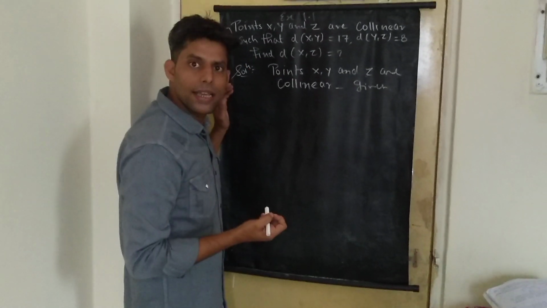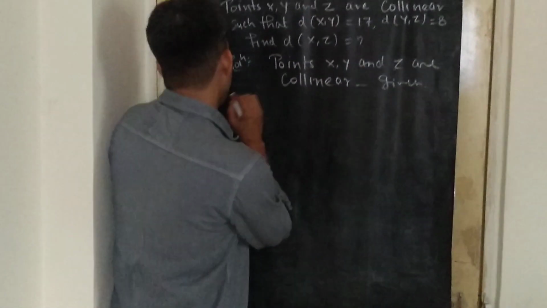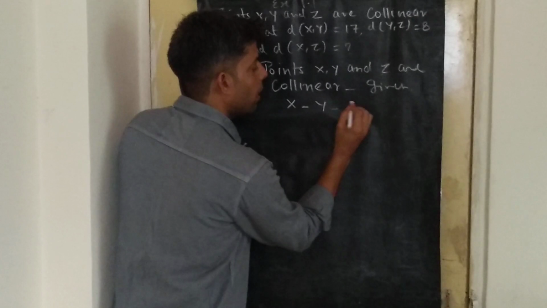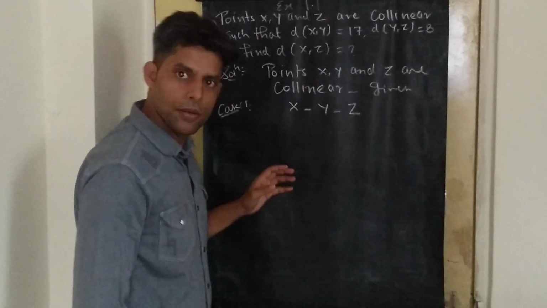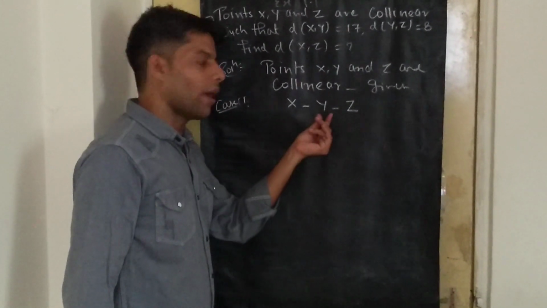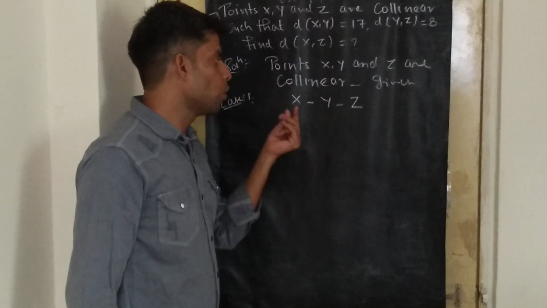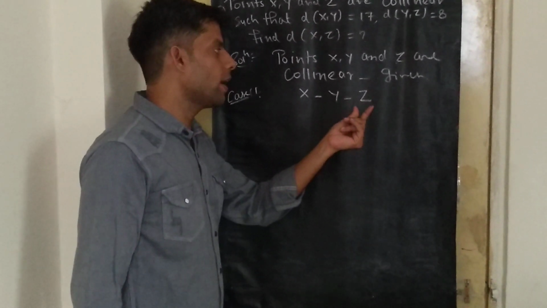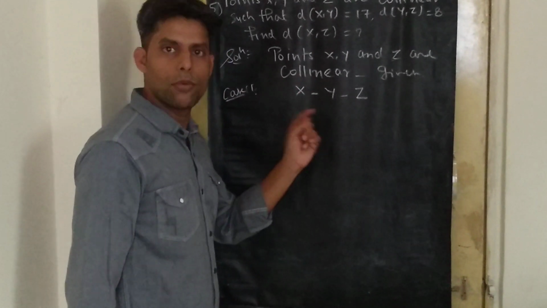We'll discuss them as case 1, case 2 and case 3. We take case 1 where we can say that points have the betweenness x-y-z, right? That y can be in between. In case 2 you can take z in between x and y. In the third case you can take x in between y and z.